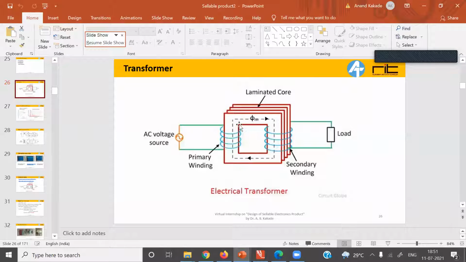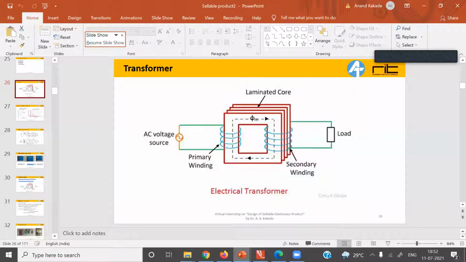This magnetic flux passes through both primary and secondary. So this time varying magnetic flux induces voltage in the secondary winding of the transformer. And according to Lenz's law, induced voltage opposes the cause that produces it. And what is the cause here? Primary magnetic flux. So depending upon current flowing in the secondary, primary current is affected.